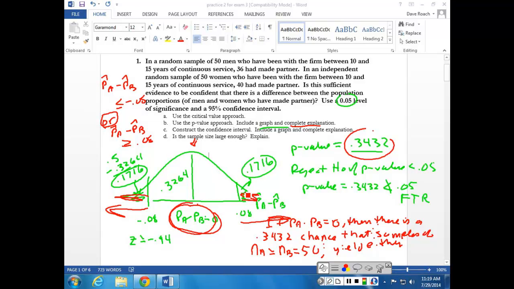That helps you understand that we would be off by more than 0.08. And by off, I mean the difference between the two sample proportions. Questions on this one?